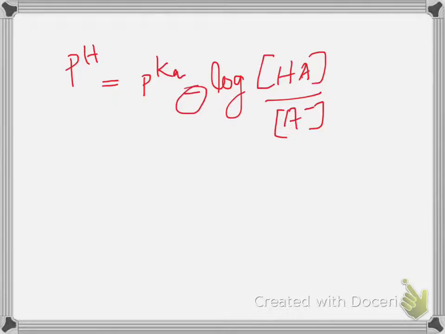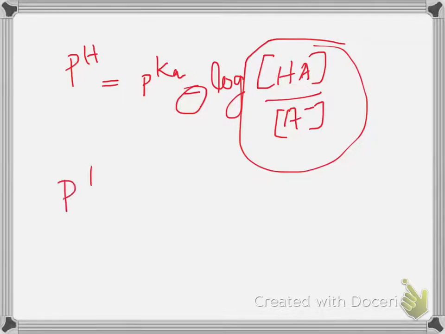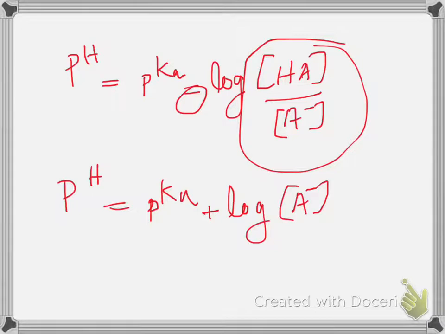Now, to remove the negative sign, we invert this portion. So we get pH equals pKa plus log A minus by HA.